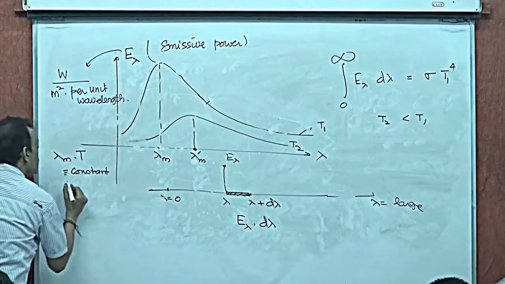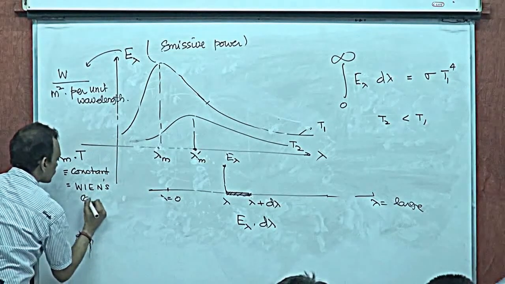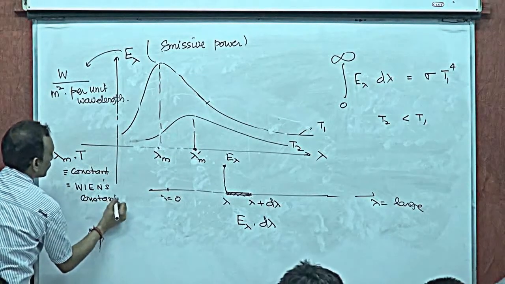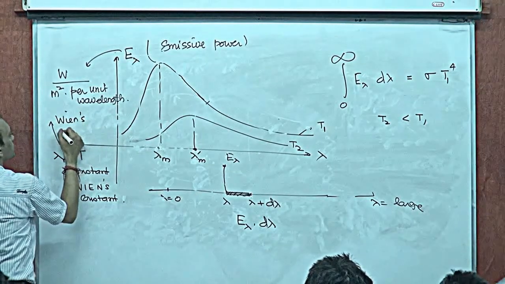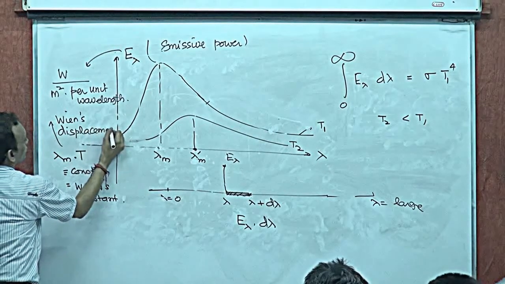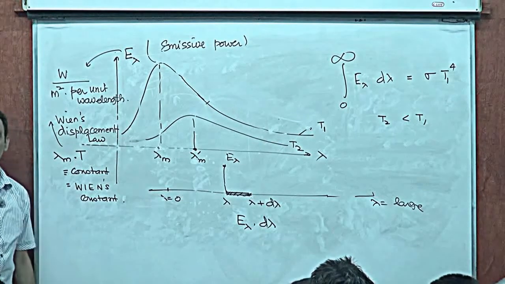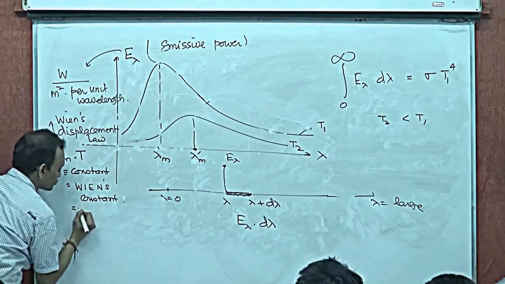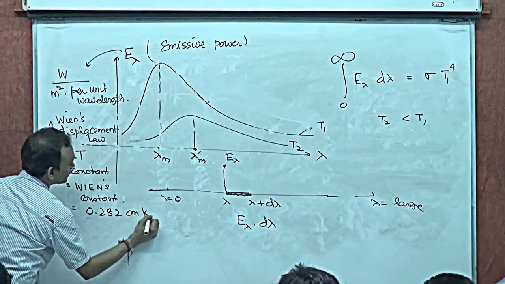This constant is called Wien's constant, and this law is called Wien's displacement law. Lambda m into T equal to constant, and its value is found to be 0.282 centimeter Kelvin.